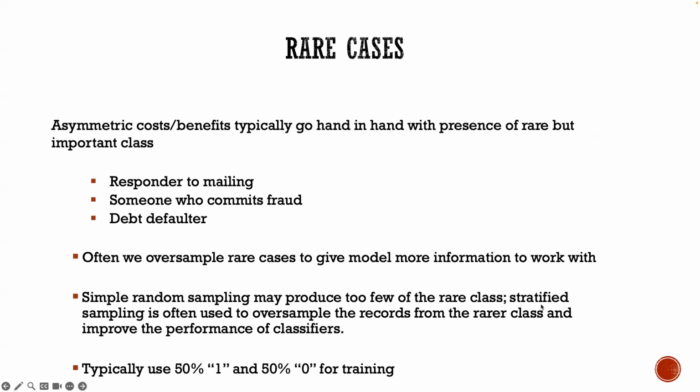We first create two strata: one for the classes that are more important, debt defaulters, etc., and the other for the ones that are less important. Then for each of these strata, we sample records and use 50% ones and 50% zeros for training. So we try to use an equal number of the important class and the other class when we are training the data.